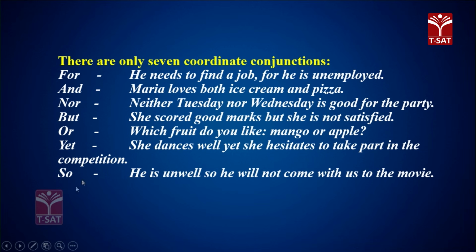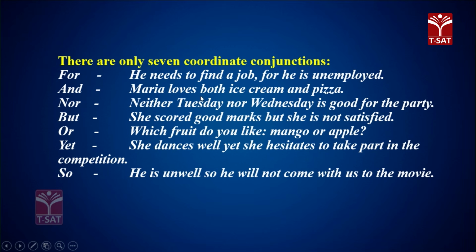I have given one example for each coordinate conjunction here. For: He needs to find a job, for he is unemployed. And: Maria loves both ice cream and pizza.